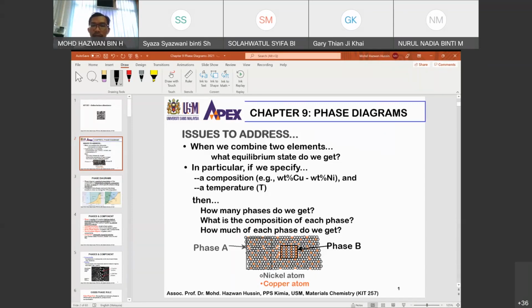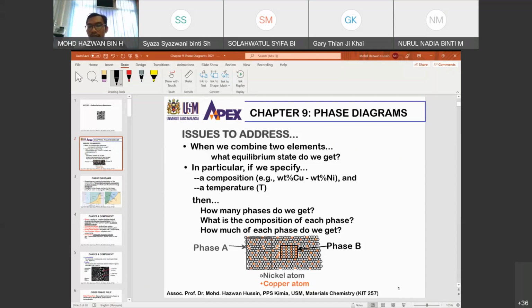But what a phase diagram actually indicates is the phase or the composition of the material at different temperatures, at different conditions. So the things that we are going to address in this chapter, probably when you have two elements.